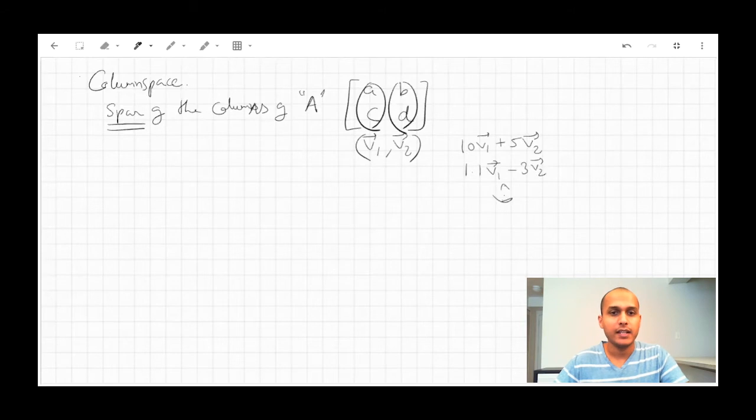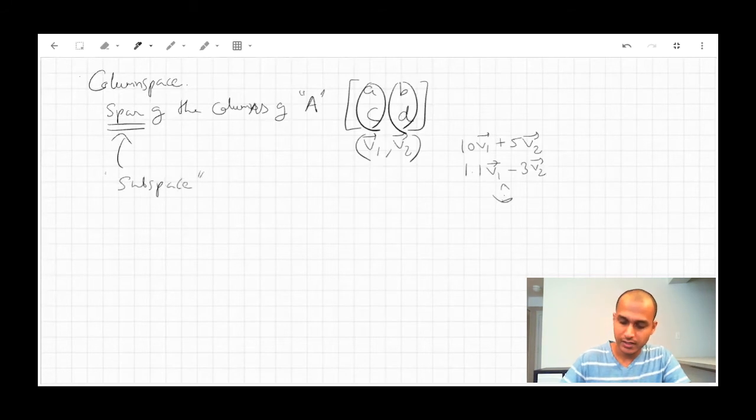Okay, and a span is also called a subspace. I'm just introducing new terminology that you might come across. So why is it called a subspace? Remember, a space was just the collection of vectors, right?